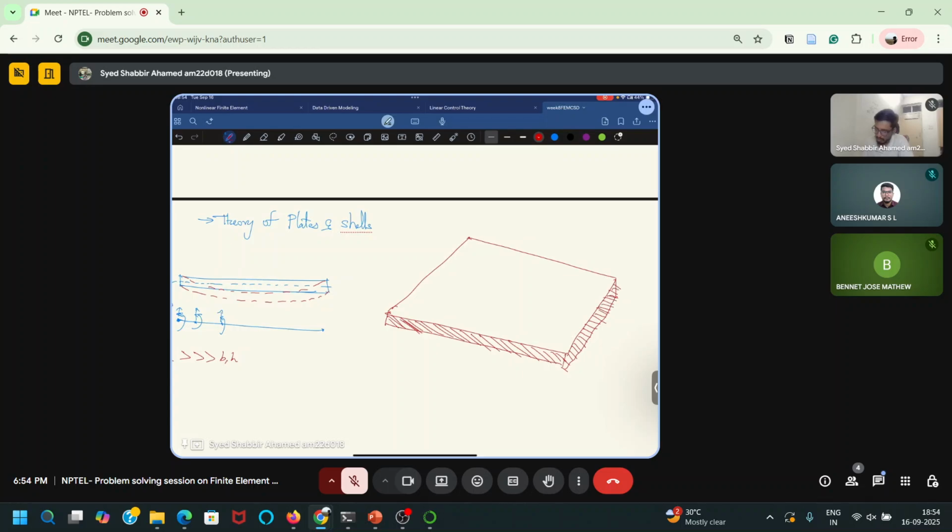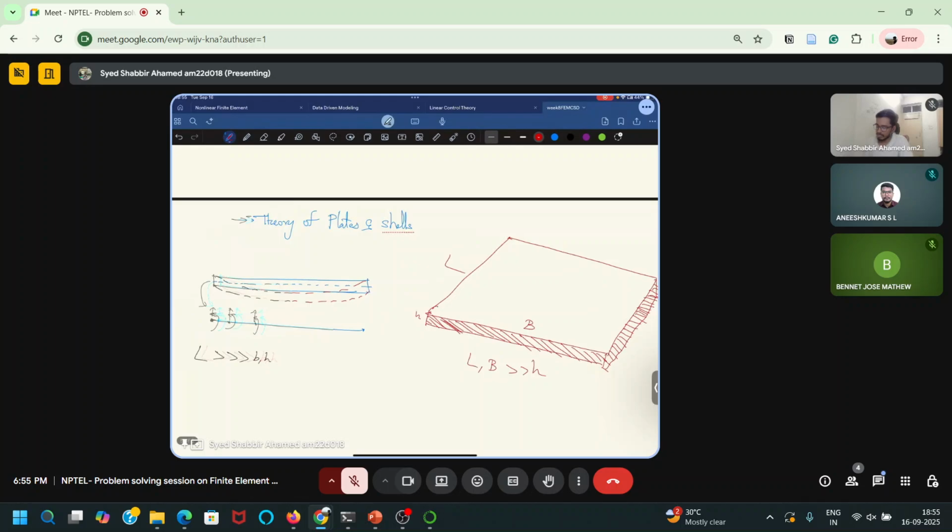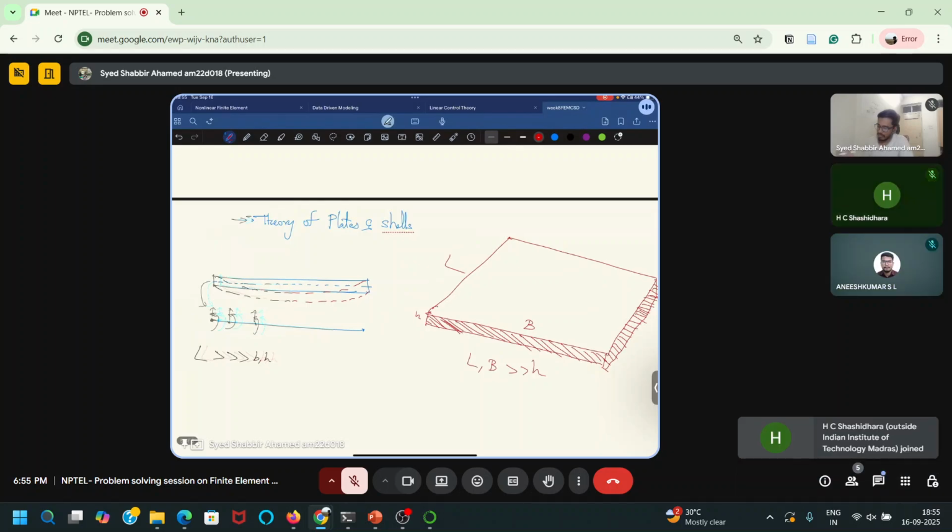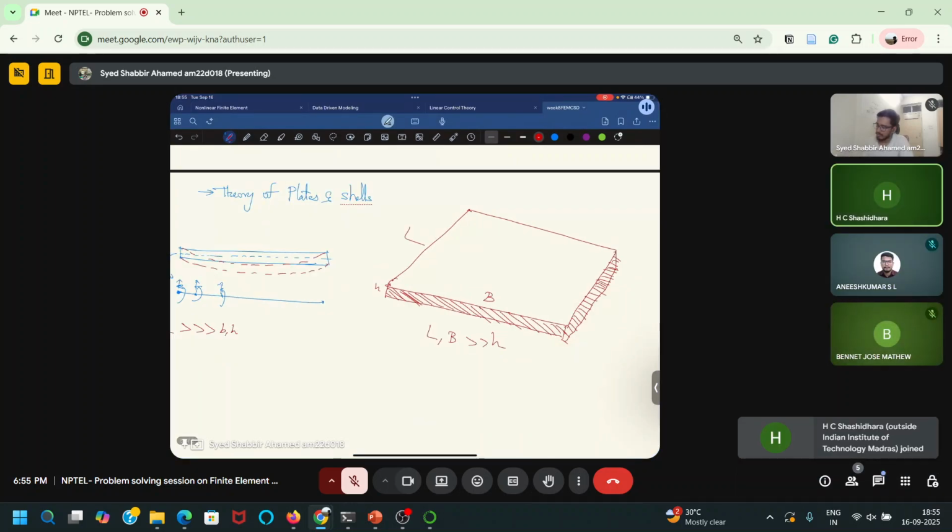Now you can see, let's say this is L and this is B. L and B are comparatively very high compared to the thickness here. Let's say this is H. So this is a plate. Here only L was higher in a beam, whereas here both L and B are higher.